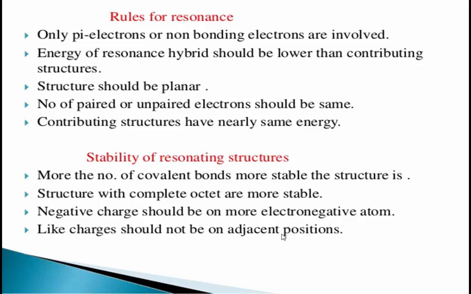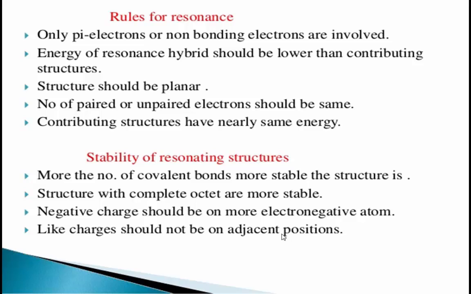Number of paired or unpaired electrons should be same. Contributing structures have nearly same energy. Means the structures which individually do not represent the original structures are called resonance structures or hypothetical or canonical structures. Remember students, the energy of all the resonance structures is same.